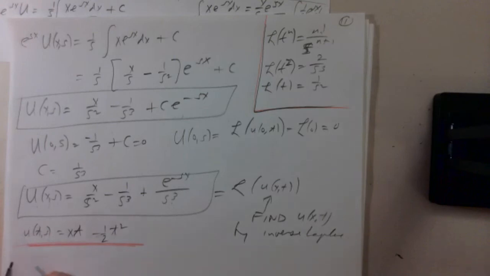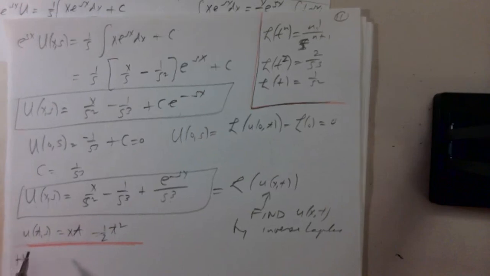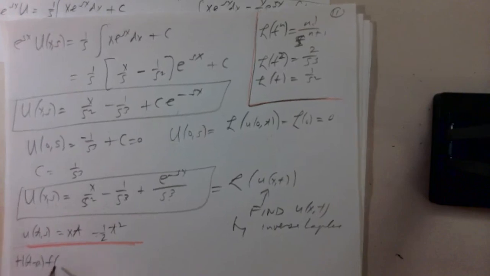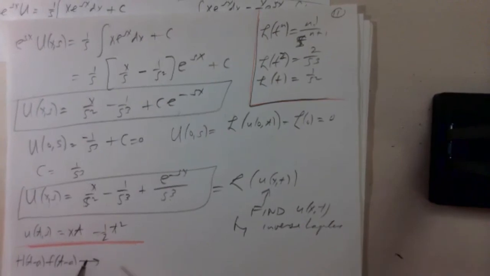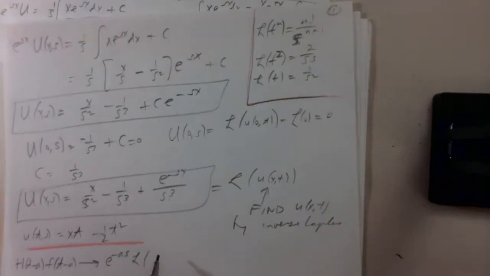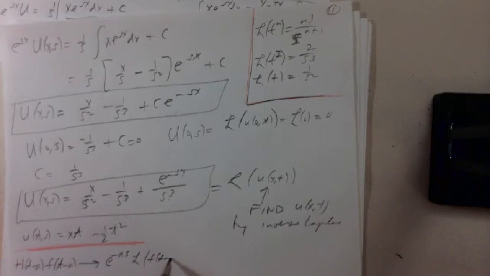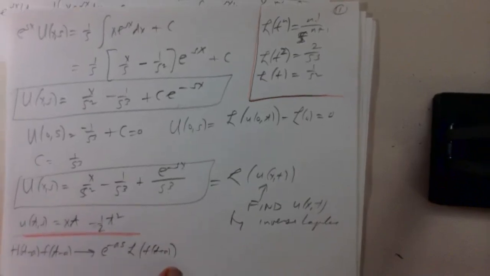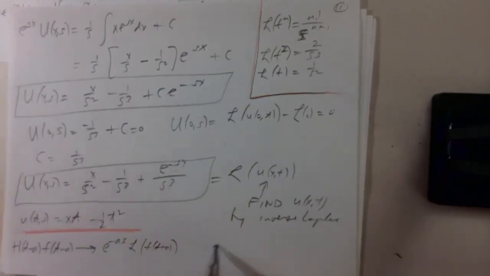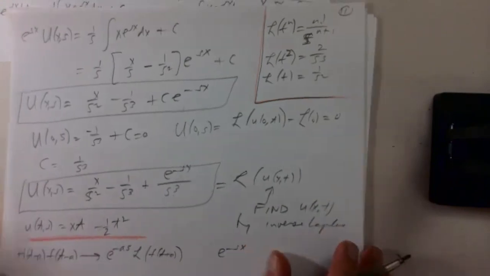So if you remember the Heaviside function H, the table says H of t minus a times some function f of t minus a has the Laplace transform e to the minus as times the Laplace transform of f. Now here, I'm going to use a separate piece of paper for this and then come back.